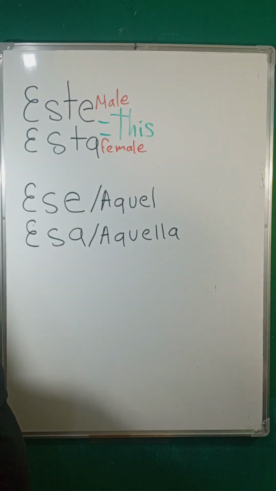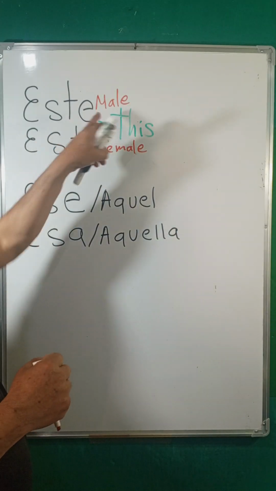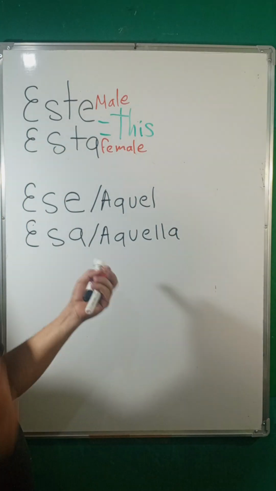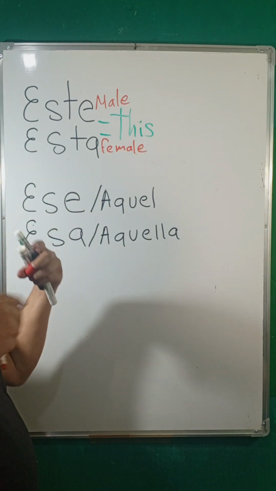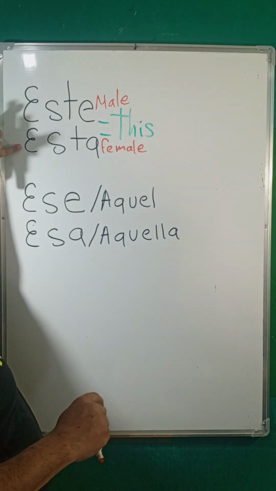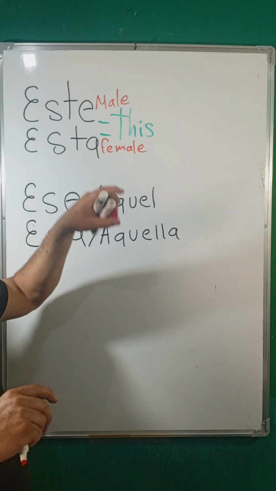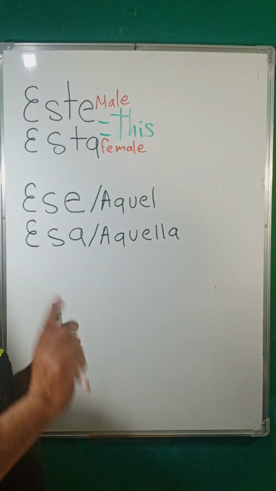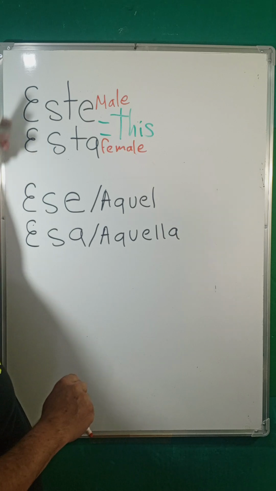But with este, we are talking about a male person, animal, place, or object, a male noun. When we use esta, we are talking about a female noun. So we are going to write some sentences with these words.